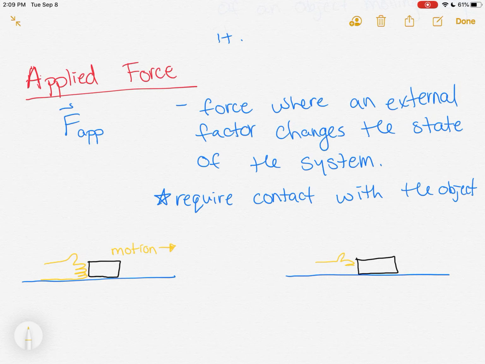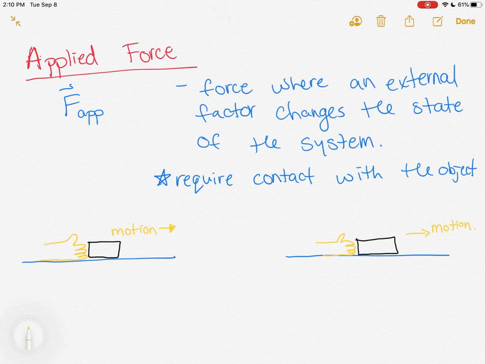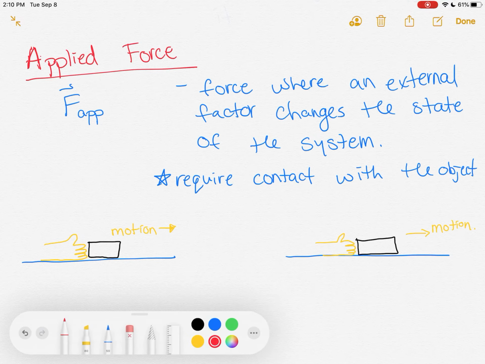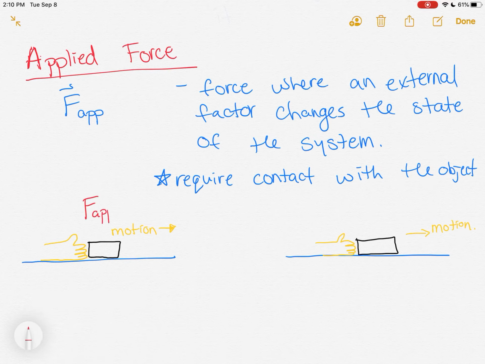So we have a person who is pushing a textbook across a desk. Now, the difference between these two. So my one on the left is going to have an applied force, and the one on the right is going to have no applied force.